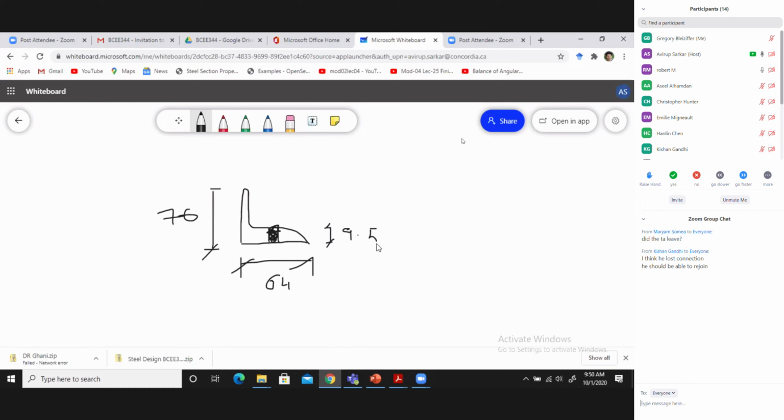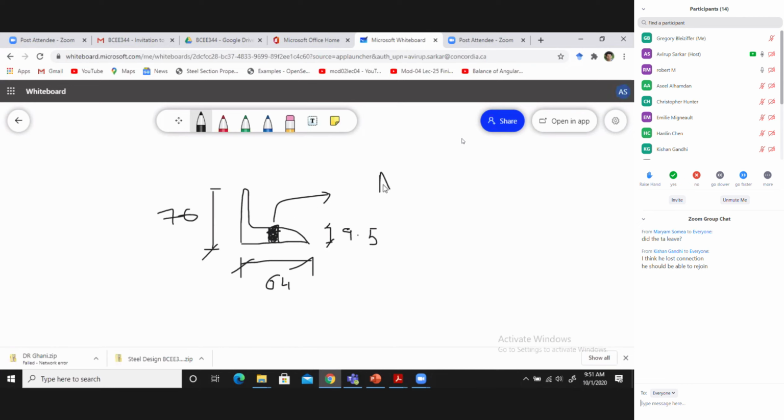At this section, what will be the reduced area? This part will be reduced. And what will be the area of this hole? The area will be simply the bolt gross diameter.